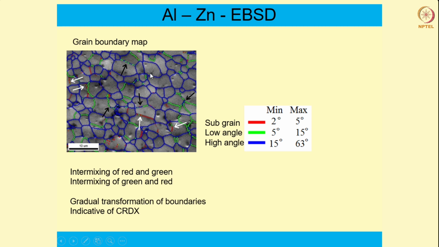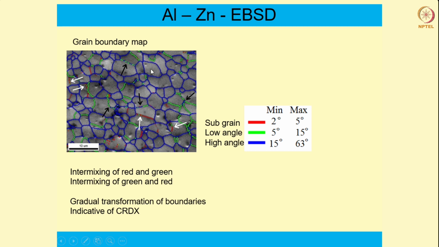What we do here is take the base image and then superimpose the grain boundaries on that. That base image is known as the image quality map, and we superimpose the grain boundary map over that. If you do so, this is what you get.